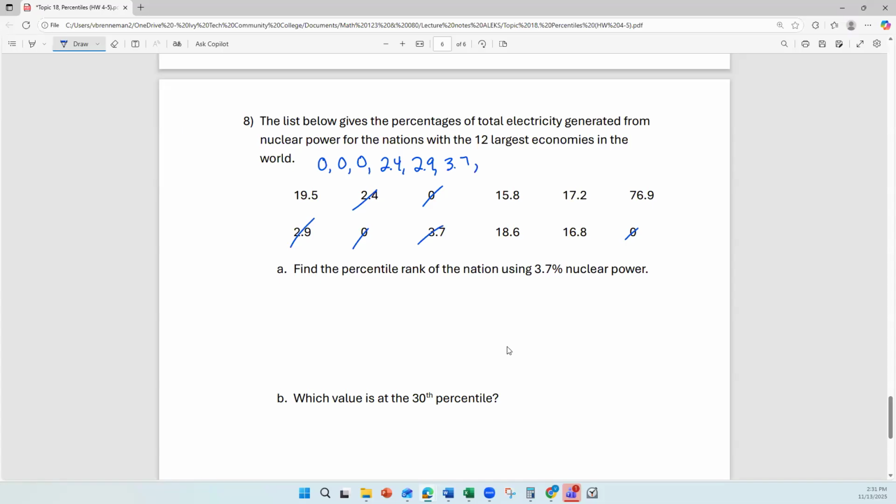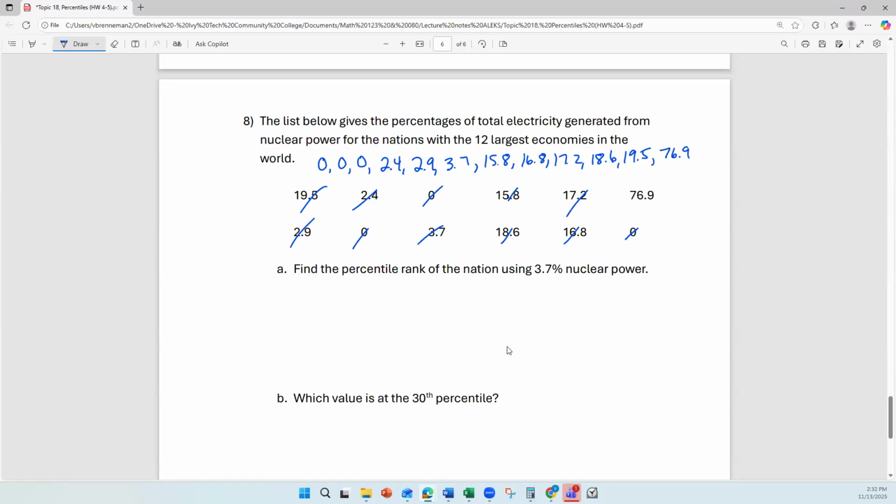And then we get these in the teens between 15 and 20, 15.8, 16.8, 17.2, 18.6, 19.5. And then we have the big one, 76.9. So there would be some big gaps there, but again, the percentile doesn't care about the gaps, it just cares about the order.